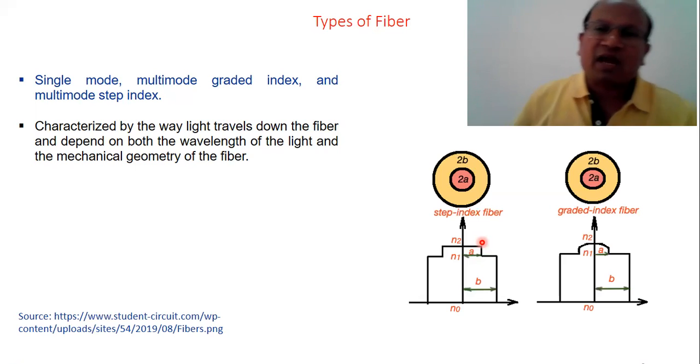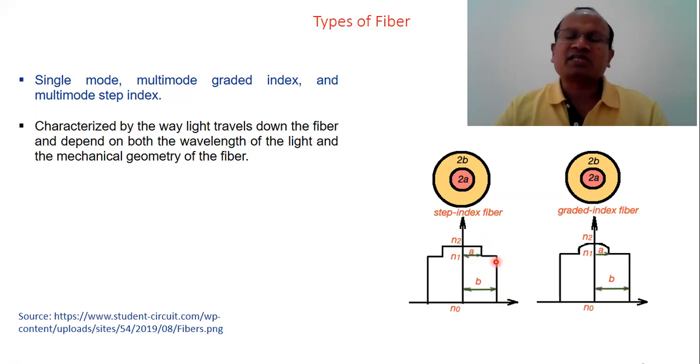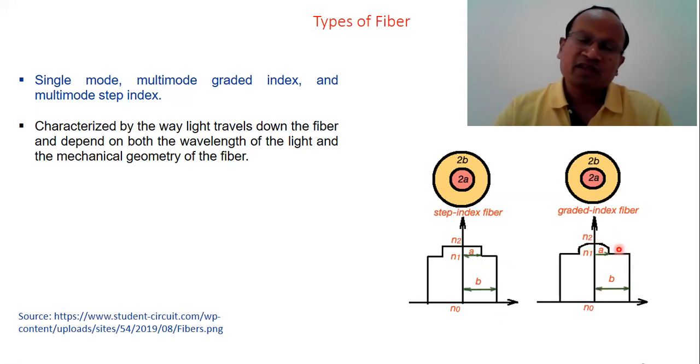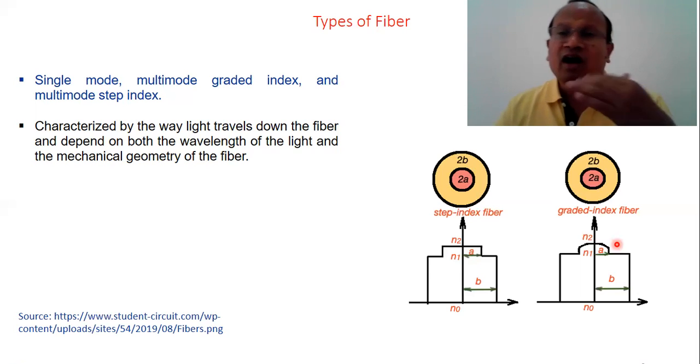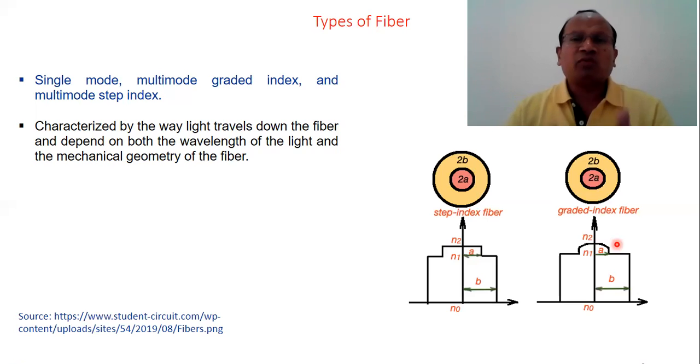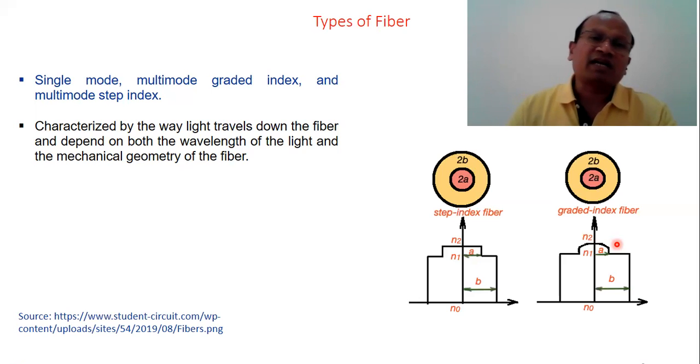So it looks like a step, therefore we call it step index fiber. Whereas the second one is called graded index because the variation is not abrupt, not sudden. Slowly it varies and then reaches the next level. So step index and graded index are based on the refractive index profile. How does the refractive index profile change when we go from core to cladding? Accordingly, we call these fibers step index and graded index.